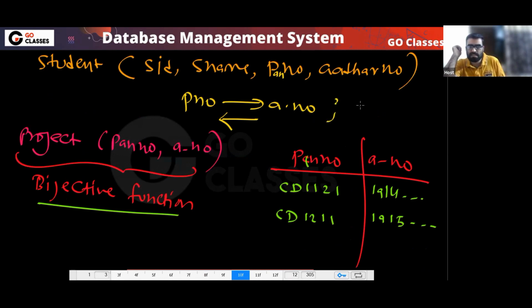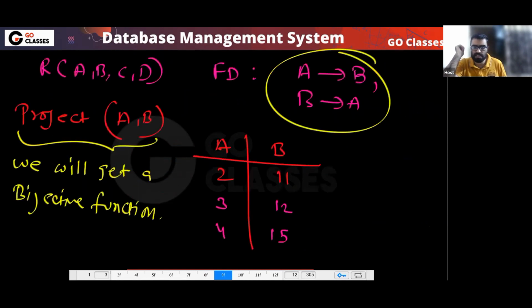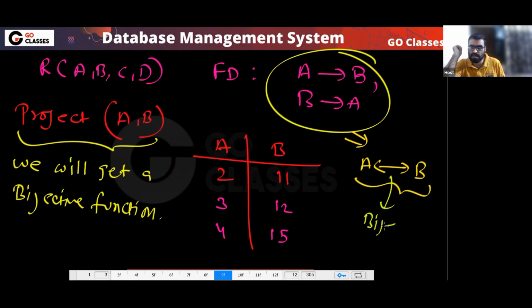I can simply write it like this; this is just another notation. What does this symbol mean? It simply means one-to-one correspondence, a bijection.